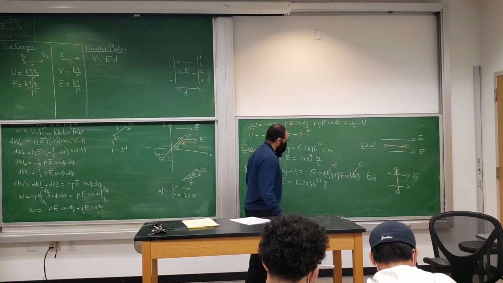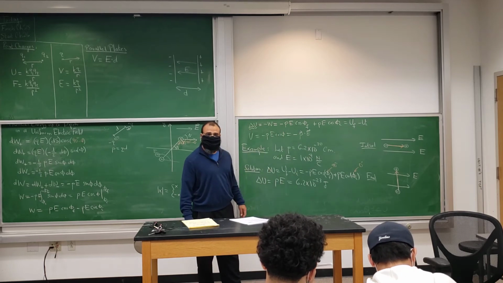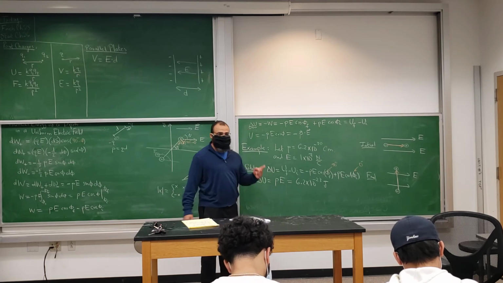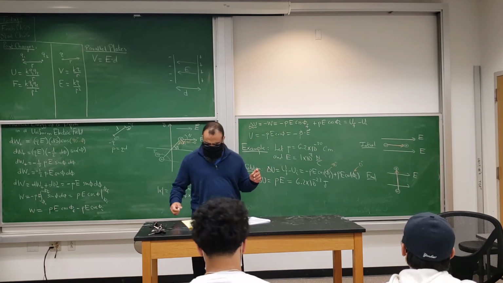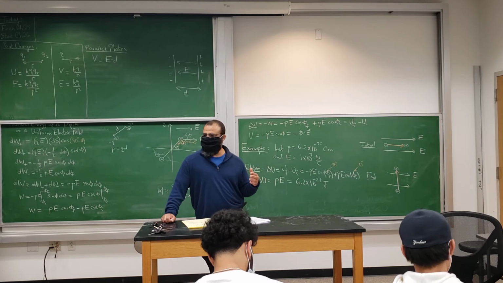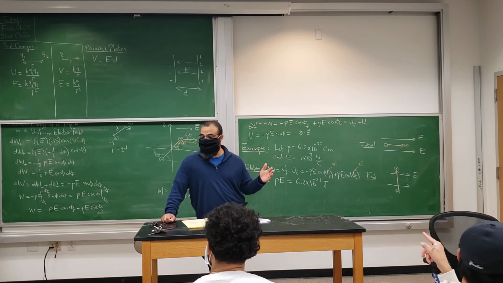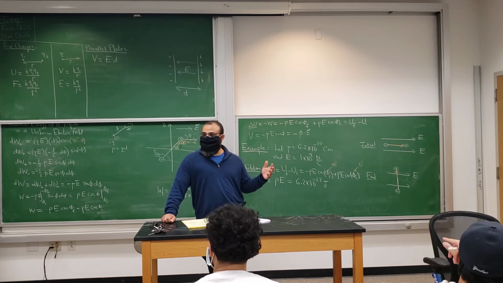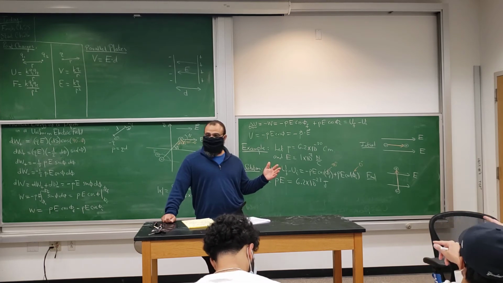All right, so if that's okay, I want to continue. To continue on, I'm going to do two examples, and they involve some integration: how to calculate the electric potential for a ring of charge, and then the electric potential for a disk of charge.